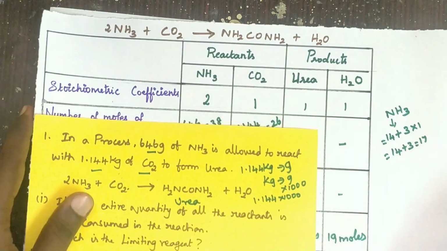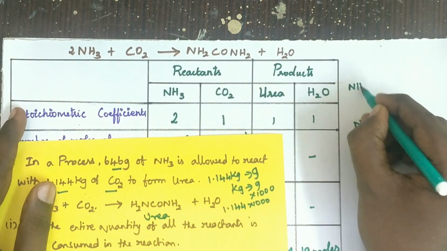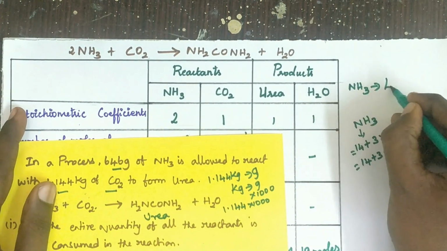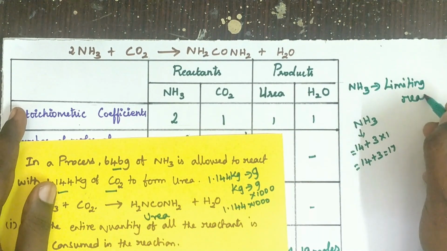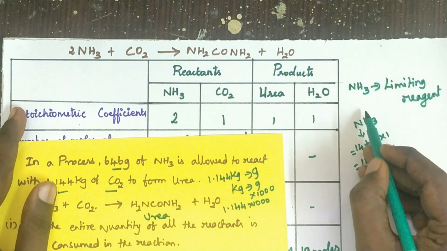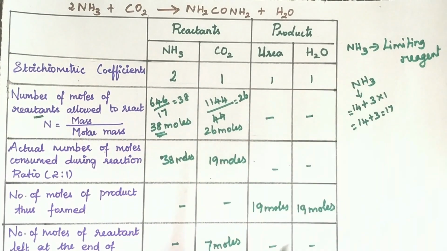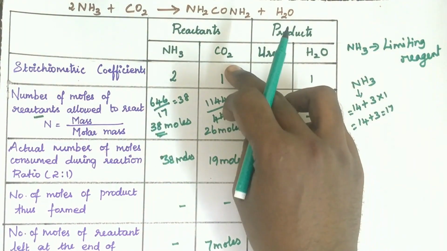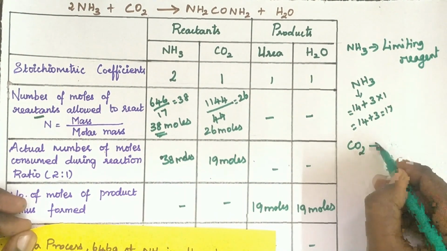So in this reaction NH3 is the limiting reagent, because it is completely consumed. Finally, the number of moles of reactant left is 7 moles, and it is carbon dioxide. So carbon dioxide is the excess reagent.